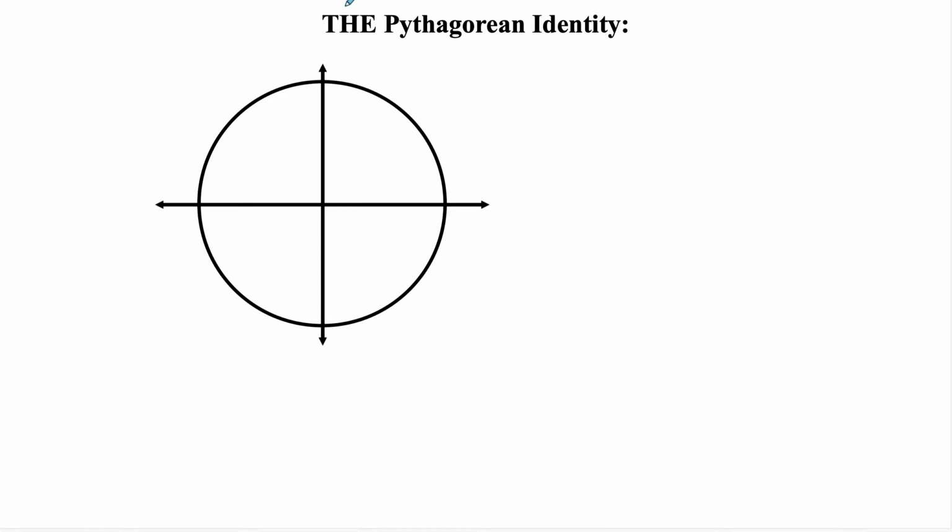Okay, there are a couple others. The Pythagorean identity. Remember, in general, if I have some sort of angle in the unit circle, I know this is (1, 0) and (0, 1), and all that good stuff. I know that the length of the hypotenuse of any right triangle that I draw is equal to 1. And this point here corresponds to the cosine of the angle and the sine of the angle.